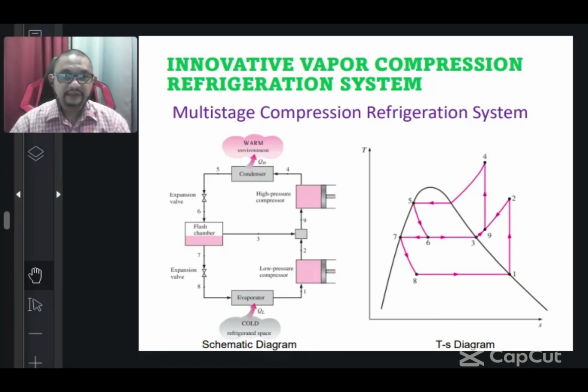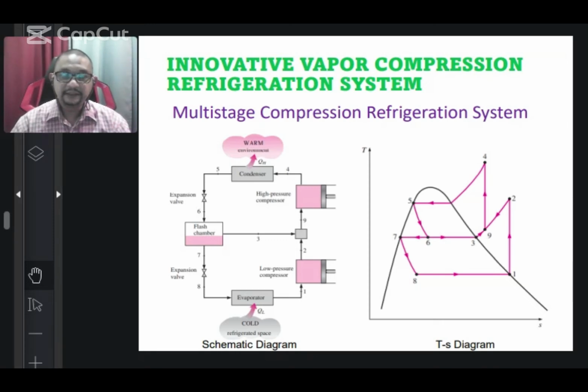So part of the liquid vaporizes during this process. The saturated vapor at state number 3 is mixed with the superheated vapor from the low pressure compressor at state number 2, and the mixture enters the high pressure compressor at state 4. This is a regeneration process.